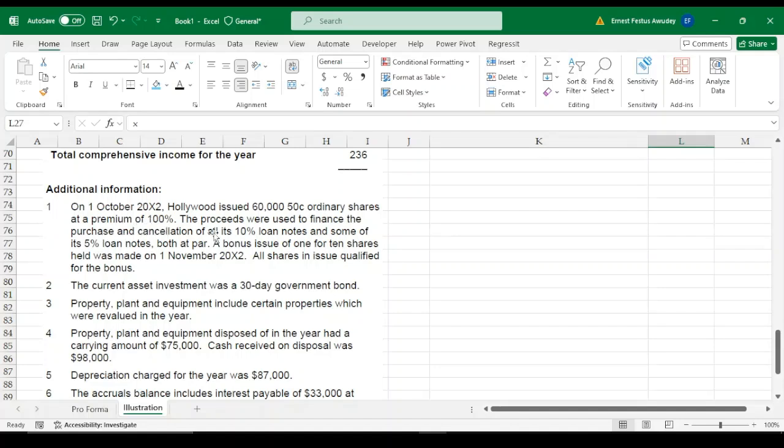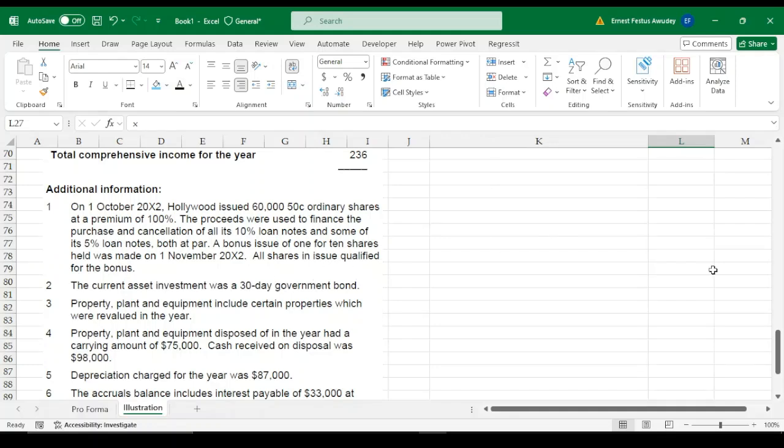The proceeds were used to finance the purchase and cancellation of all of its 10% loan notes and some of its 5% loan notes, both at par. A bonus issue of 1 for 10 shares held was made on 1st November 20x2. All shares in issue qualified for the bonus.